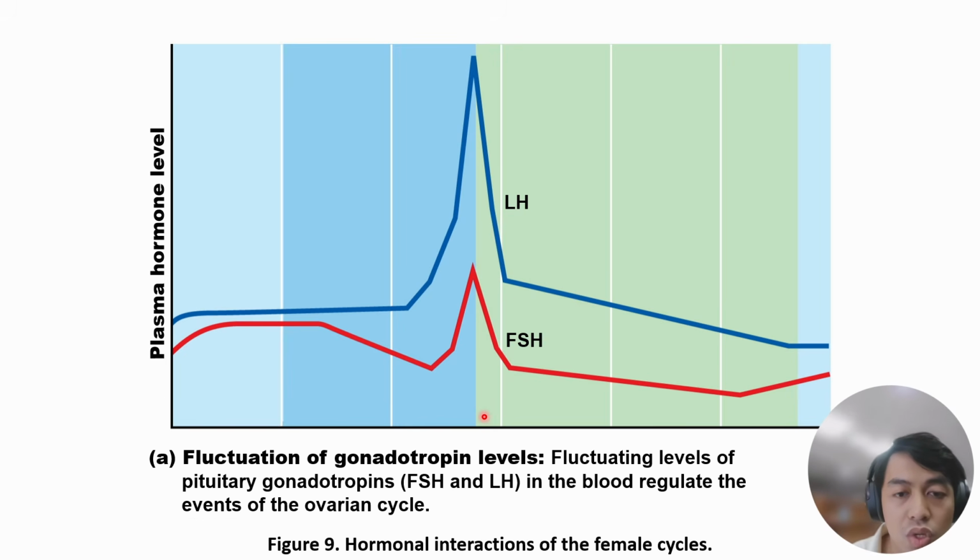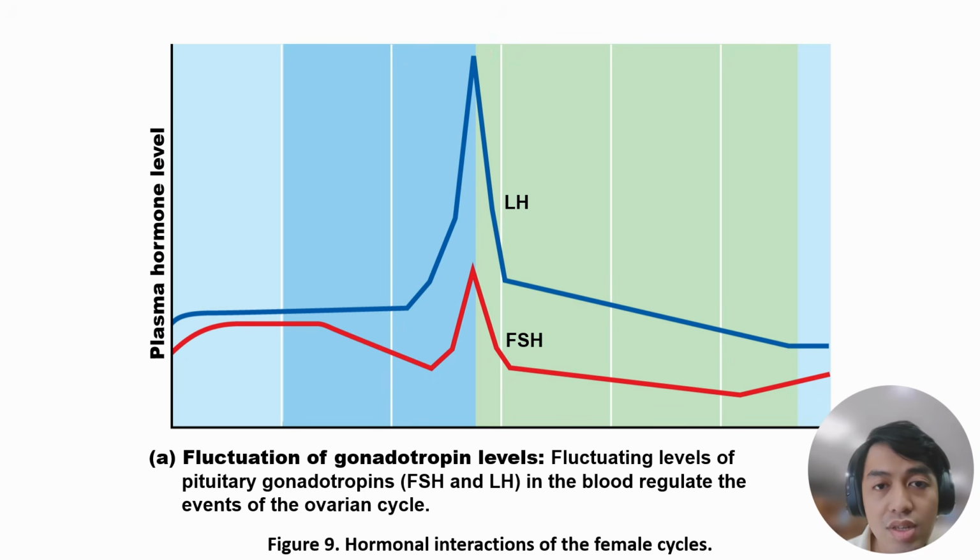So this diagram shows you the increase of the hormones in time with the menstrual cycle. And right before day 14, as you can see, there is a surge of LH and FSH levels.